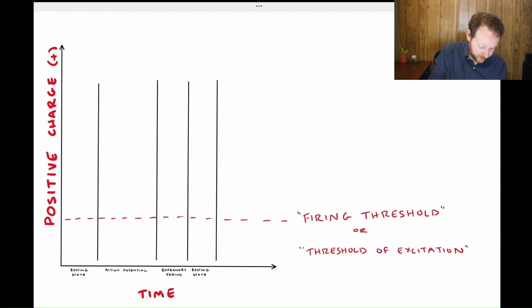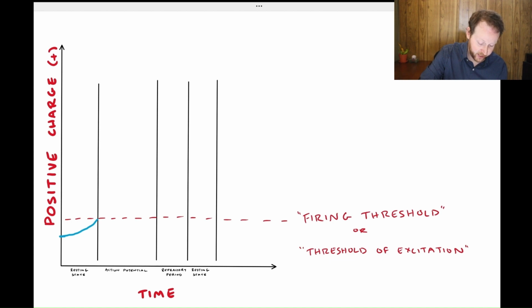So when a neuron is in its resting state, it has a negative net charge. It is less positively charged than the outside of the cell. As it receives excitatory messages from other neurons, however, the positive charge inside the neuron will increase until it reaches this threshold of excitation, this specific amount of positive charge that once reached will fire the action potential.